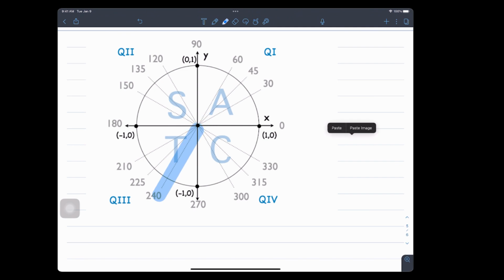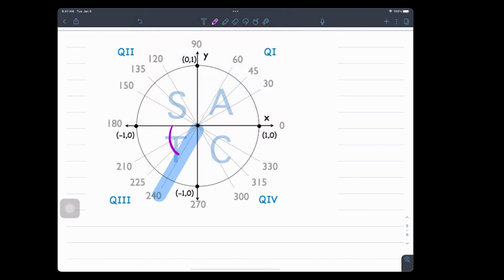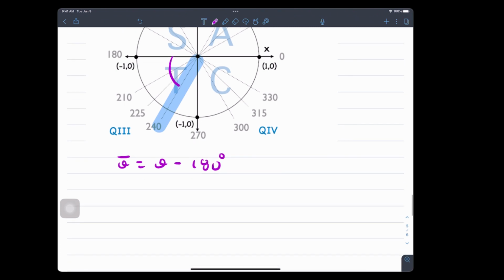Okay. Remember this over here is your reference angle. So in quadrant 3, how do you get that reference angle? What is it? Theta minus 180 for quadrant 3. So we say 240 minus 180.